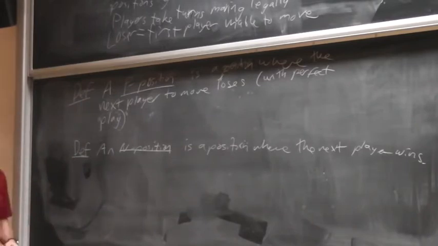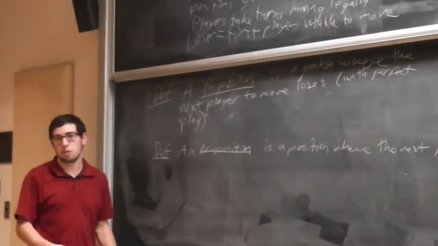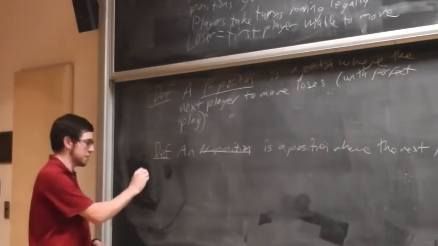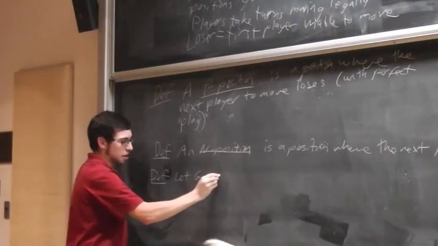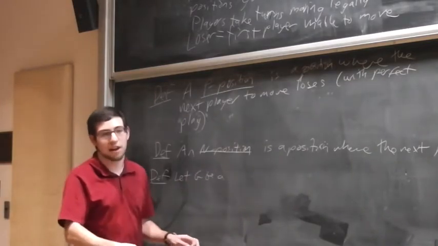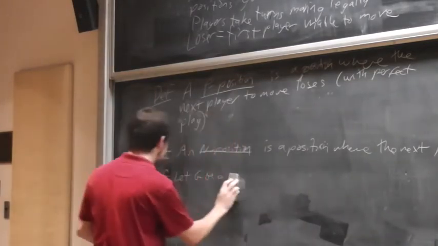And then for a game, we can define the Sprague-Grundy function on the positions. Actually, before we define that, we need to define the mex. We're going to need to use that.